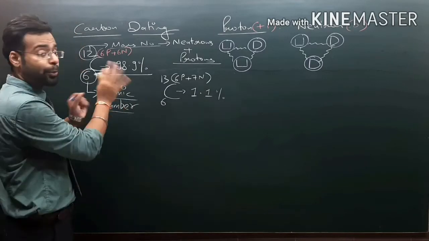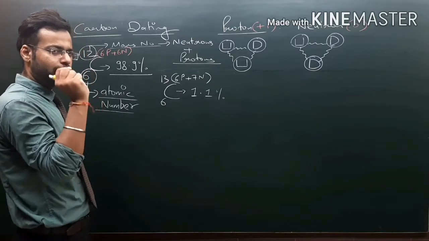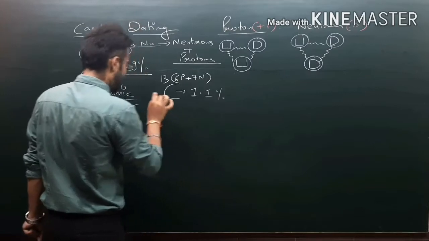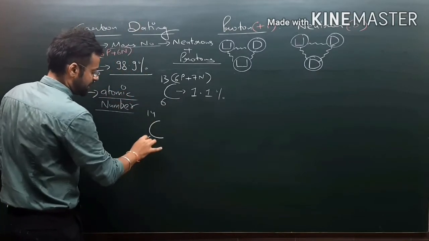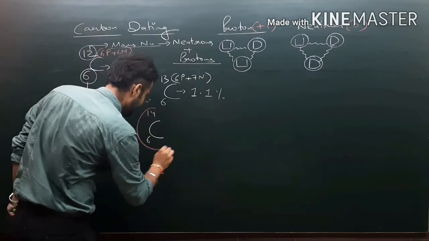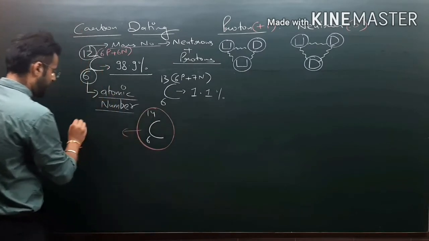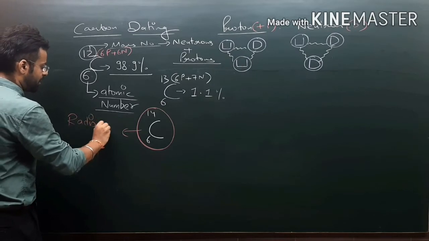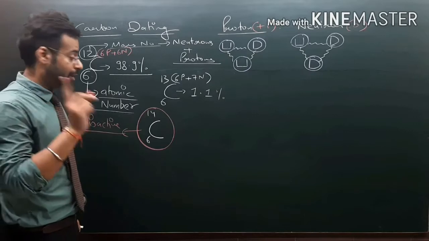And these are approximate values. So a very little amount is also left, and that is taken up by carbon 14. And this is of our importance because these two are stable and this one is radioactive. So carbon 14 is the one we are looking for.